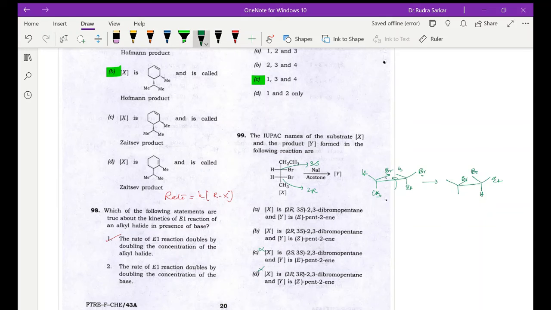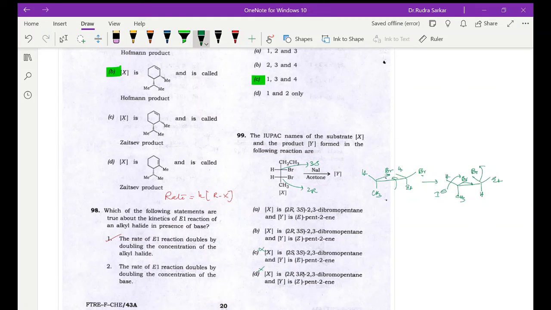This Br is here, and that H is here, and CH3 is here. We can think like this also. So now iodide will do what? It will attack here, this will go here, and that will go out.